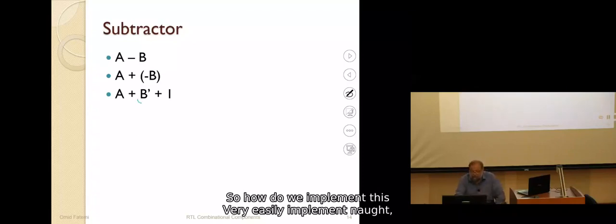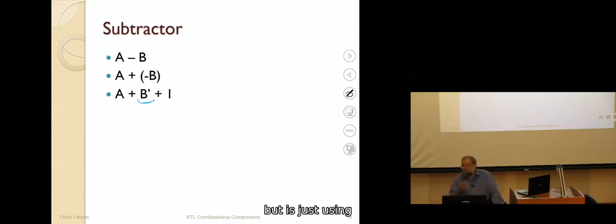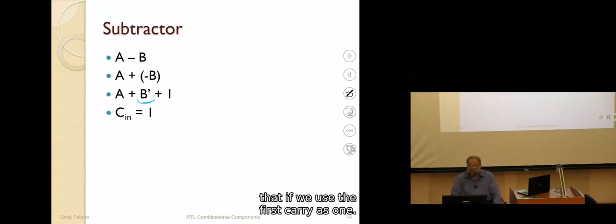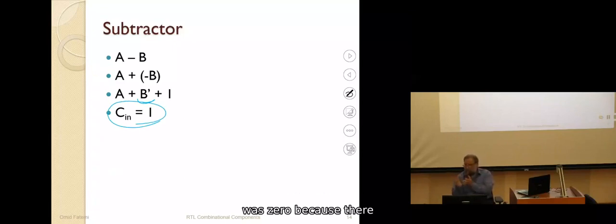We very easily implement B not. B not is just using NOT gates for every bit and then adding a 1 to that. So we use the first carry as 1, because in our adder, the first carry was 0, because there was no carry from the previous stage.